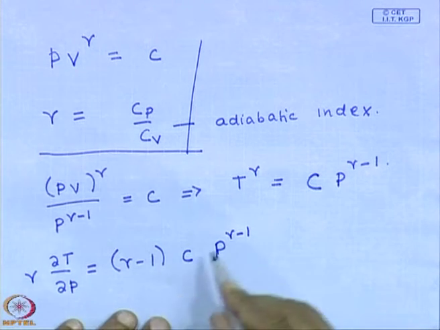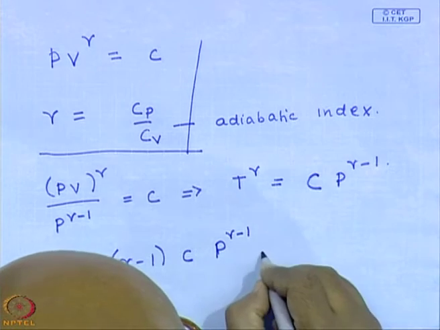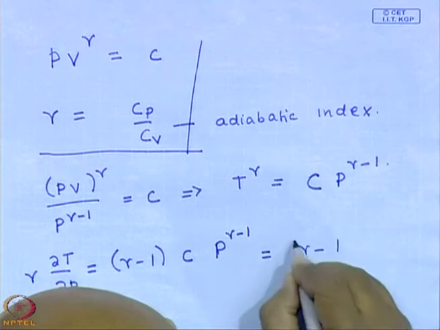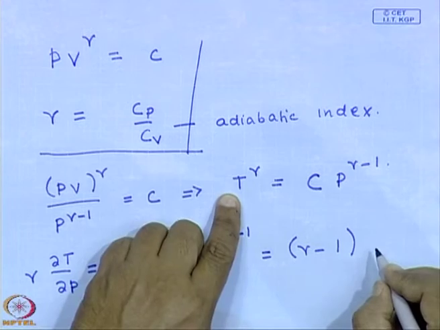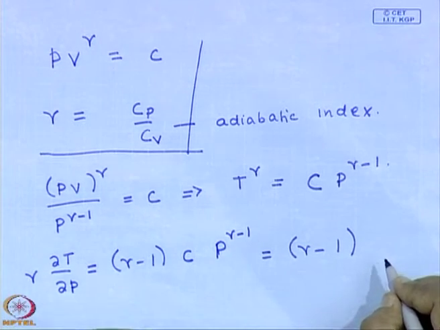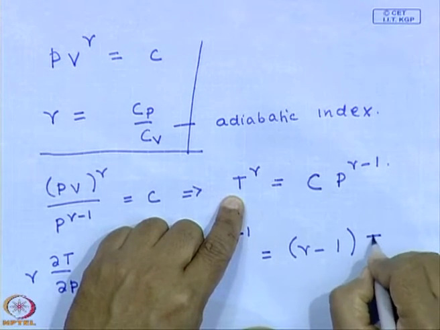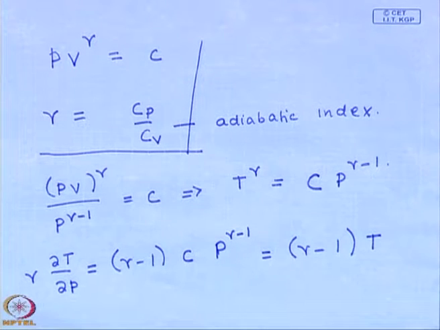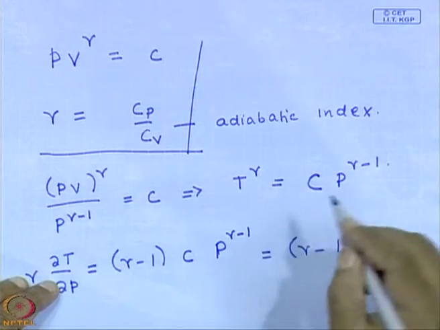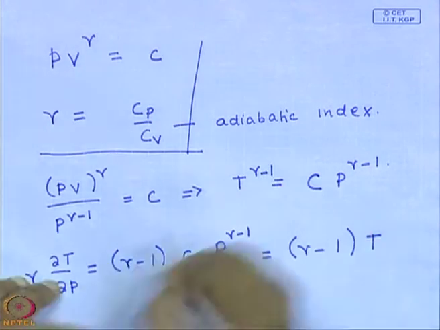So, we can write this as gamma minus 1 into T to the power gamma minus 1, right.